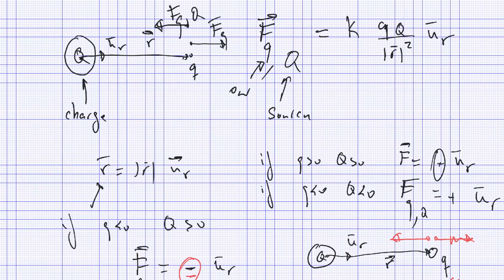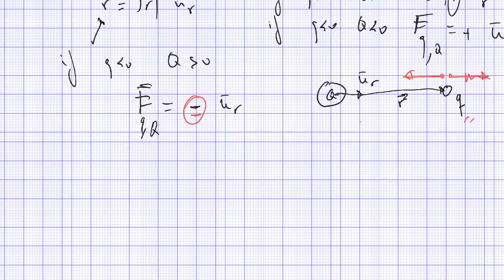If you do this, you will have to consider that this is the little q, this is the capital Q. Now, if you consider that q is the source, the vector position is this vector r, and the u sub r is this one.